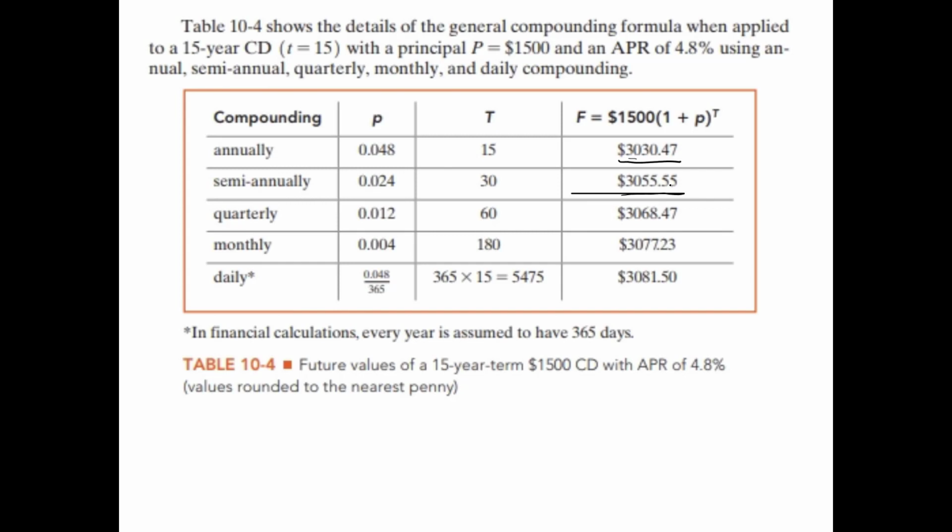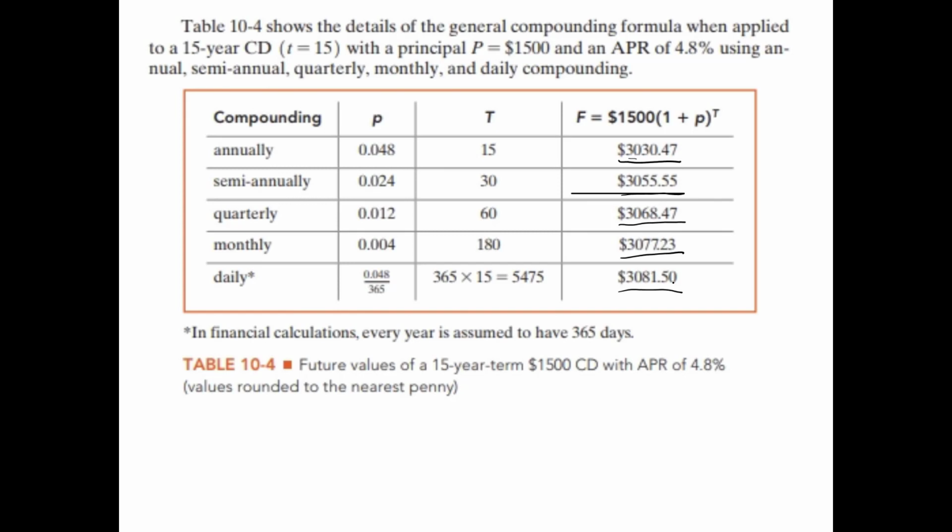But then when you go from twice a year to 4 times a year, you only squeeze out another $13. And then instead of every 4 months, you go every month, you still squeeze out another $9. But when you go from every month to every day, then you're going to squeeze out just another $4.